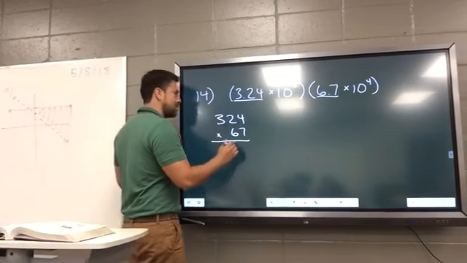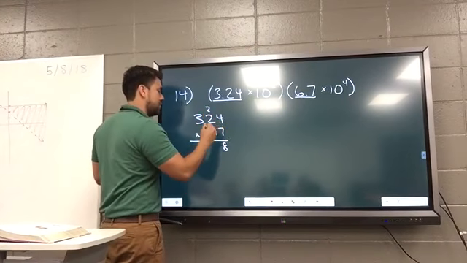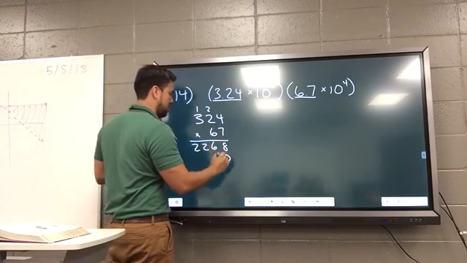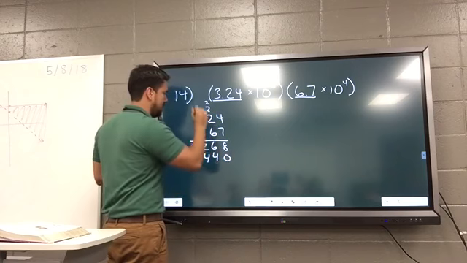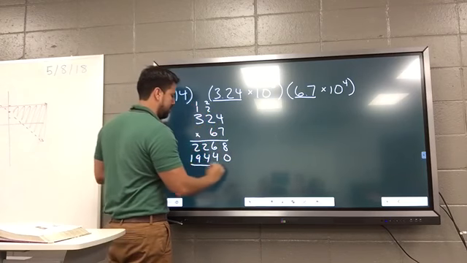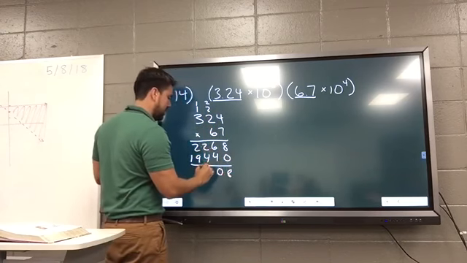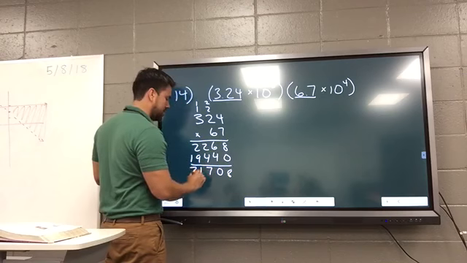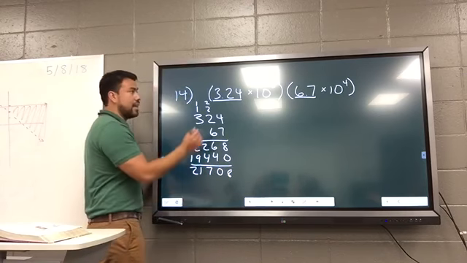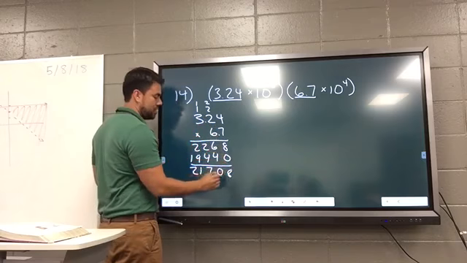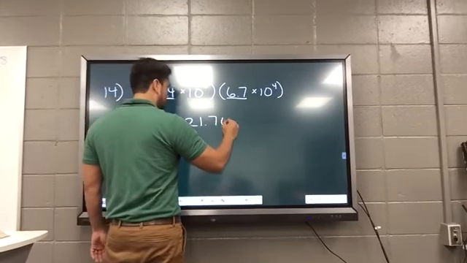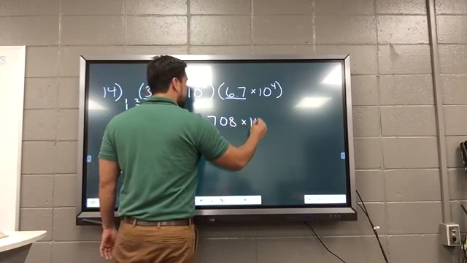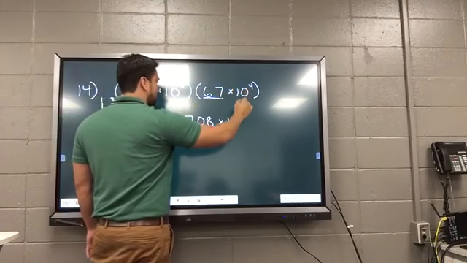I don't even want to use the decimals right now. And then at the end, I can look, 3 spaces right there. 21.708 times 10 to the, what's 10 to the third times 10 to the fourth?